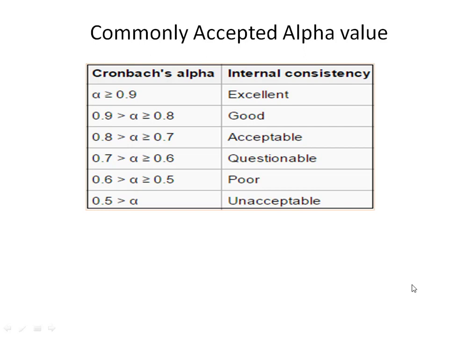If the value is 0.8 to 0.7, the instrument is acceptable. In any situation where the value is less than 0.7, it is not acceptable and is questionable. It is poor reliability in the instrument. So our questionnaire should have a reliability value of 0.7 and above.